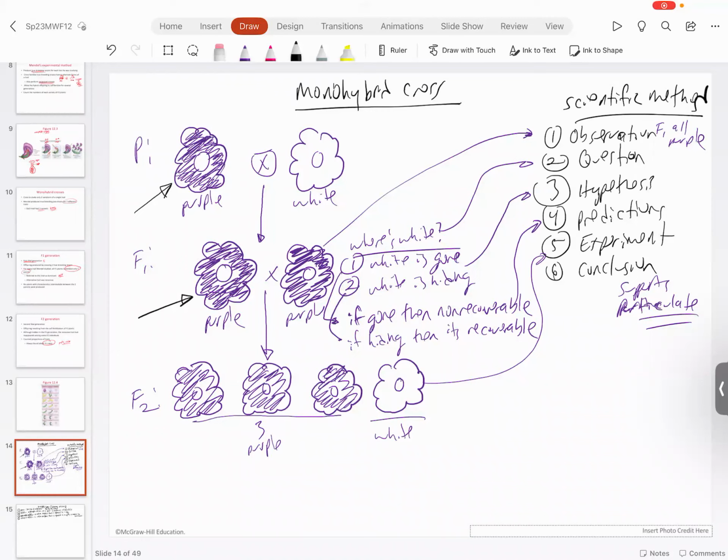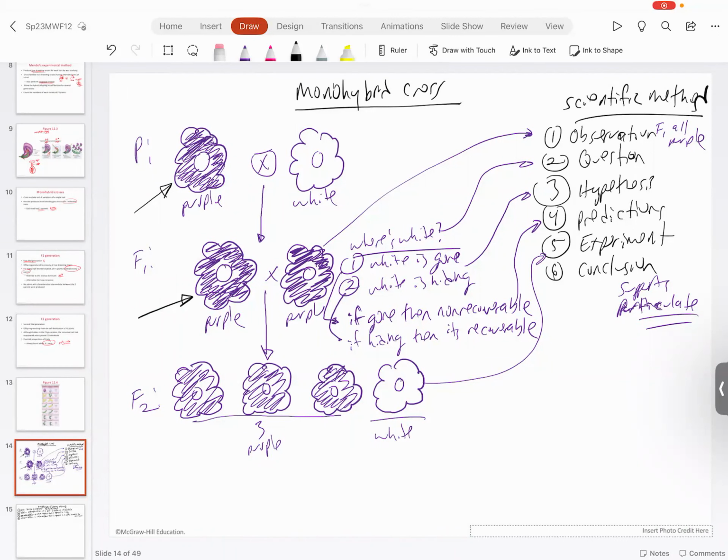Can you tell the difference between a parental and an F1? That is this parental and this F1. Can you tell me the difference? If I were to sort of switch them around on you. Point to the one that's parental. Why? Because what do they look like? They're both purple, right? Okay.